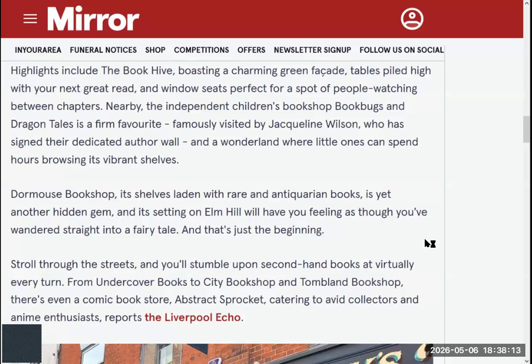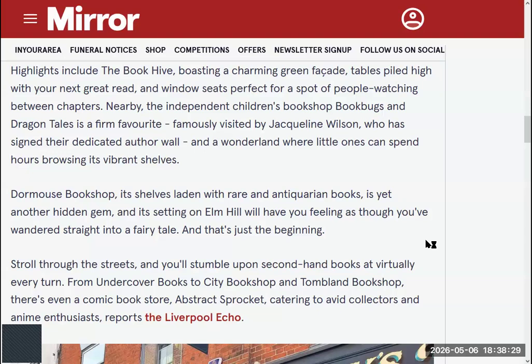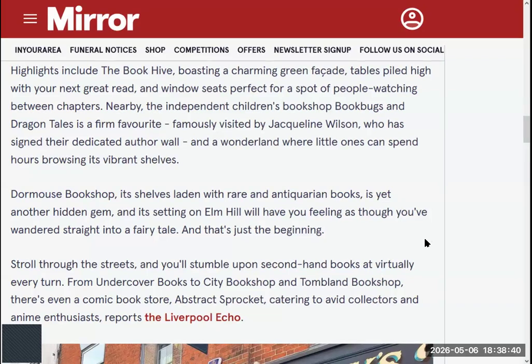Strolling through the street, you'll stumble upon second-hand books and virtually every turn, from Undercover Books to City Bookshop and Tomblend Bookshop. There's even a comic book store, Abstract Book Kit, catering to avid collectors and anime enthusiasts, reports the Liverpool Echo.